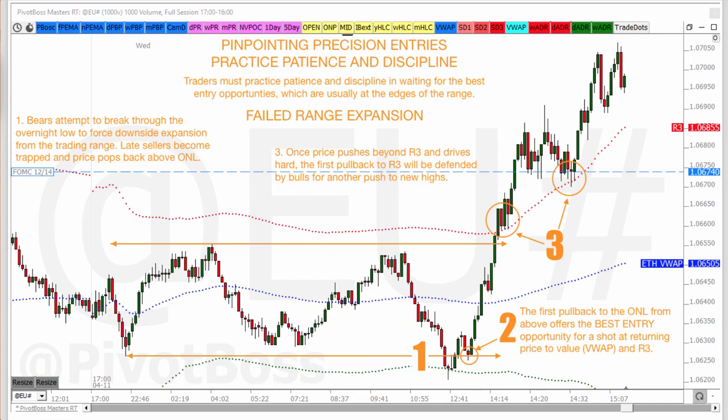And this one is about practicing patience and discipline. This is the euro. And again, I'm very good, typically speaking, about waiting for edges. It's something that I trained or programmed myself to do, because I wouldn't sit there and watch the charts all the time. What I would do is put an alert.